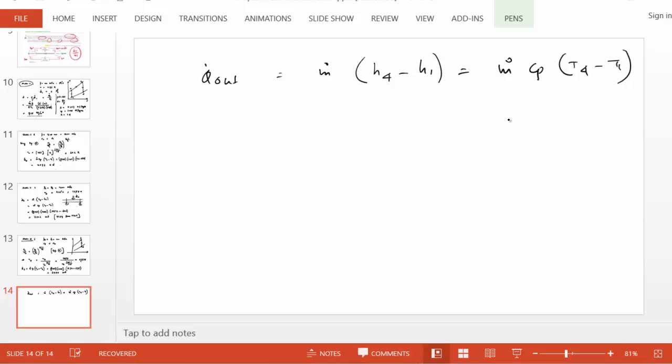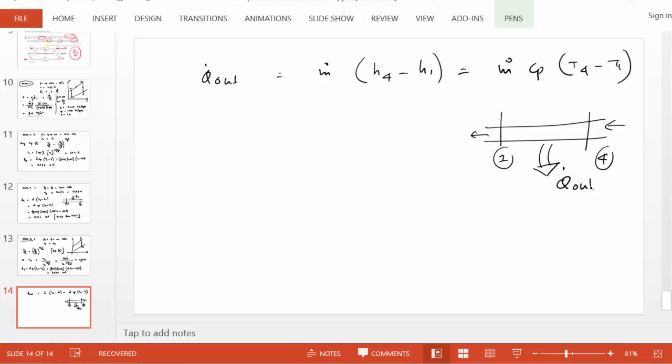The amount of heat that is coming out of the heat exchanger, 4 is where the air is entering, 1 is where the air is coming out, and heat is rejected. So m dot h4 is how much energy is entering, transported by this mass, and m dot h1 is how much energy is coming out. The difference must be coming out as Q dot out, heat transfer, because there is no other energy transfer in this heat exchanger.